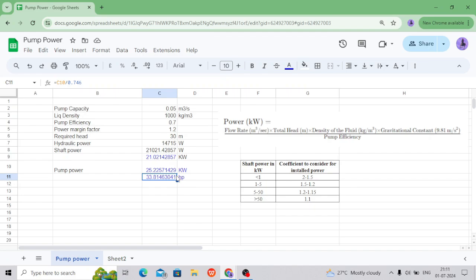Some of the common areas where this type of calculation is used are water supply and distribution pipes, wastewater and sewage treatment plants, industrial process plants, HVAC systems, fire protection systems and many more. So guys, this pump power calculation is very important if you are a working professional or if you are pursuing chemical engineering.